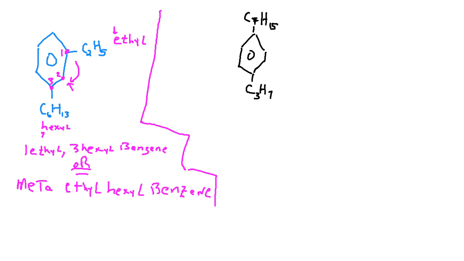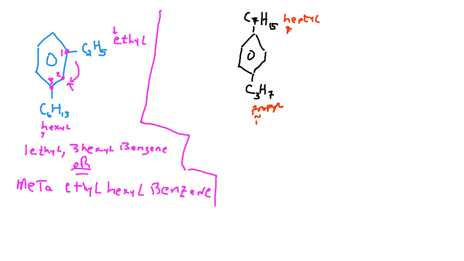Again, let's name these things first. C7H15 is heptyl, and C3H7 is a propyl. Again, H comes before P, so that would make this carbon number 1.